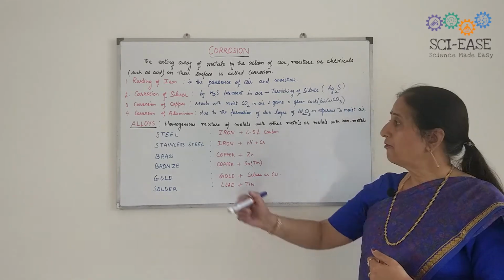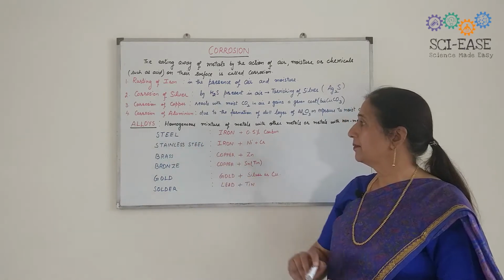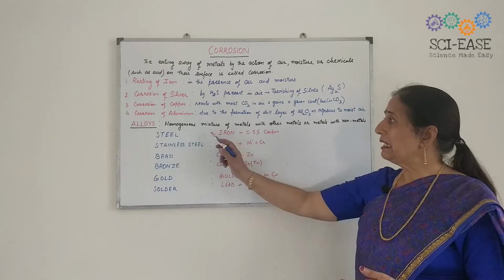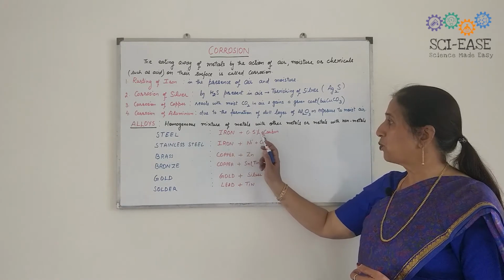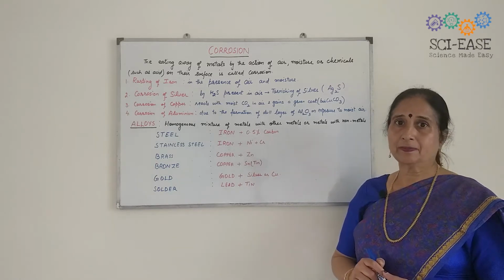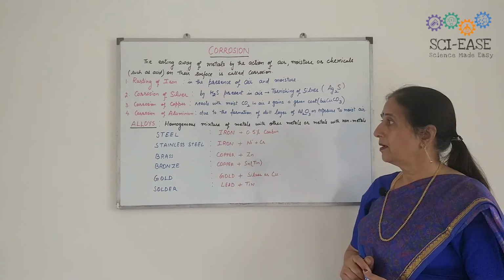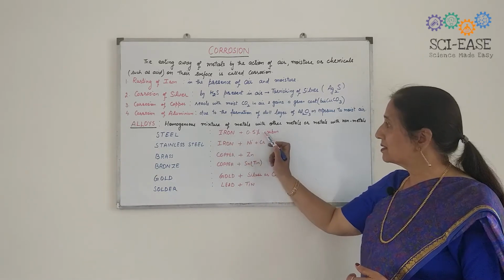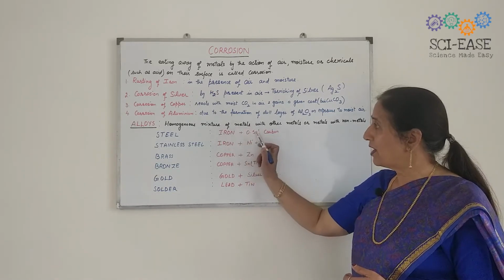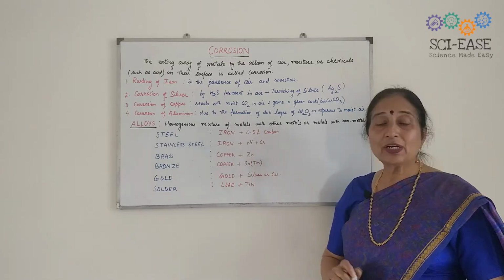So, first alloy is steel. Steel is a homogeneous mixture of iron plus 0.5% carbon. Steel does not get rusted. Due to this alloy of iron, it will not rust.